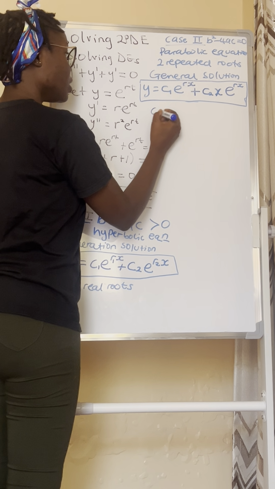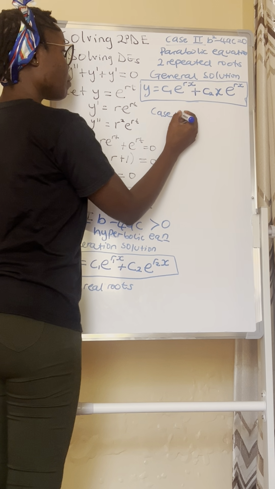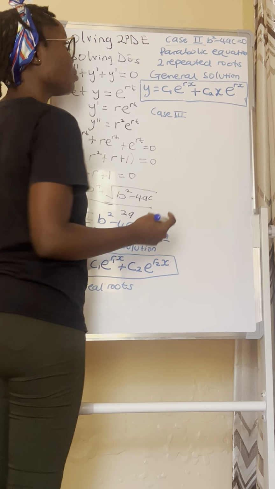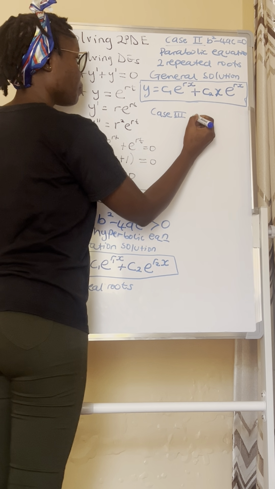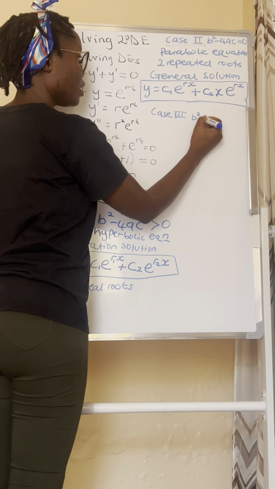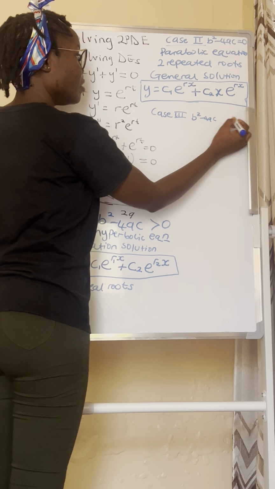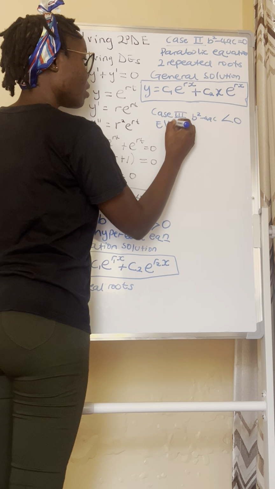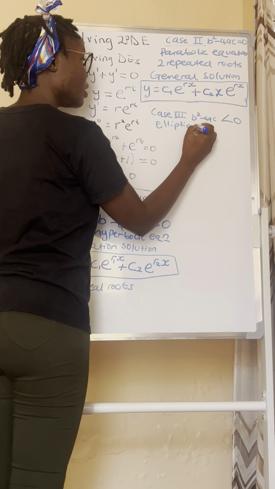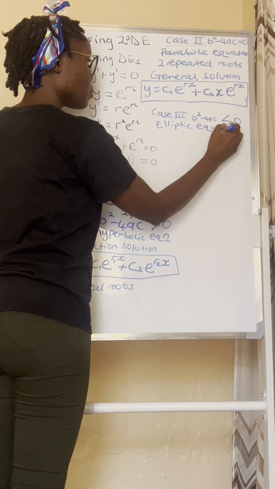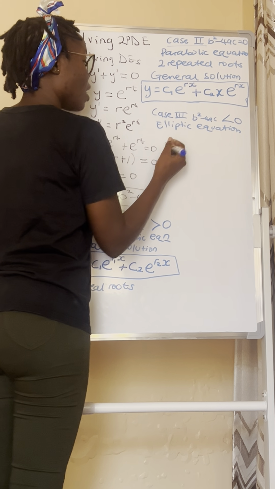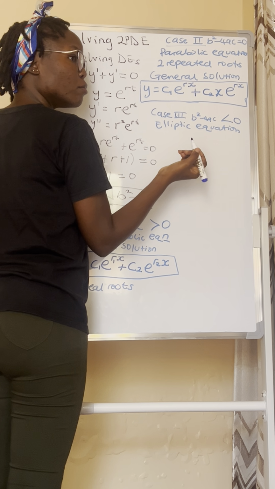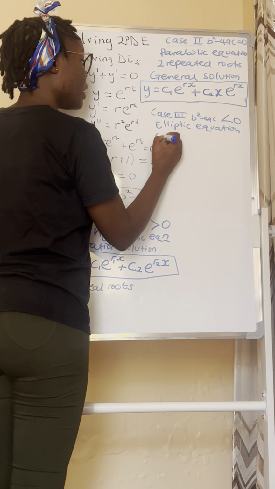Now for case 3, where the discriminant b squared minus 4ac is less than 0, we're dealing with elliptic equations, and our roots will be complex.